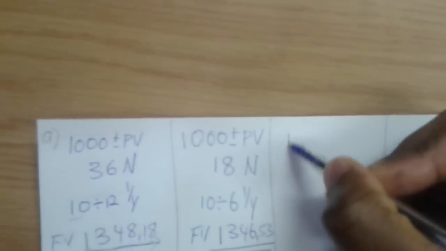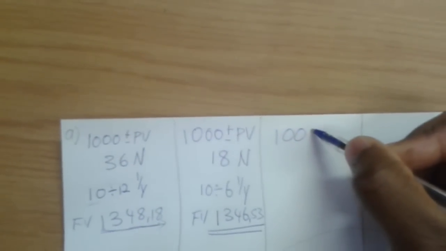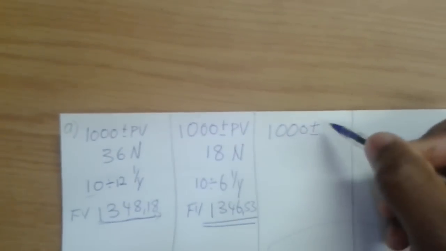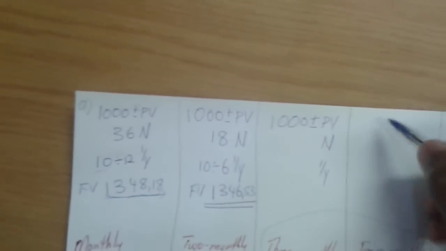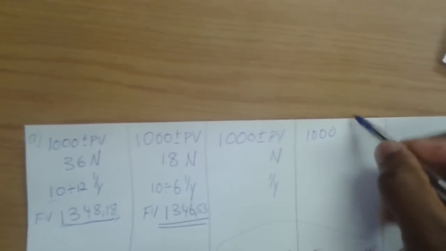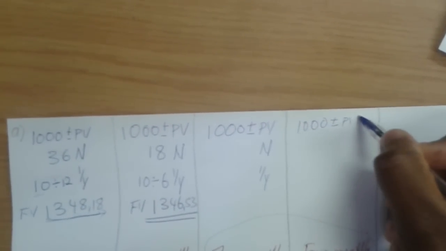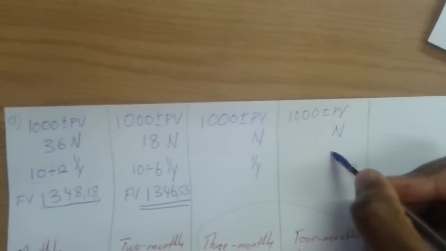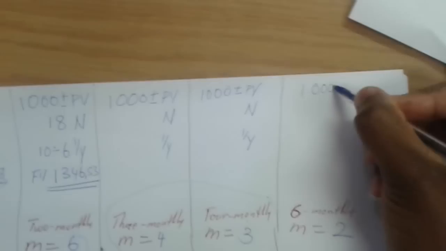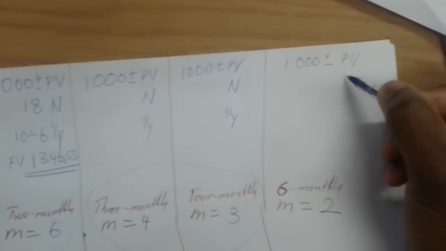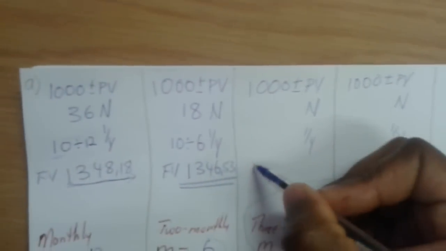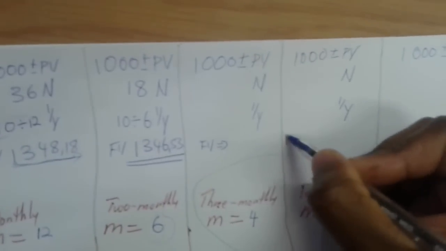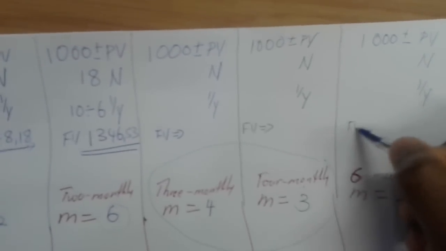So again, it's 1,000 plus minus PV, my N, then my I. And of course, I'm looking for FV.